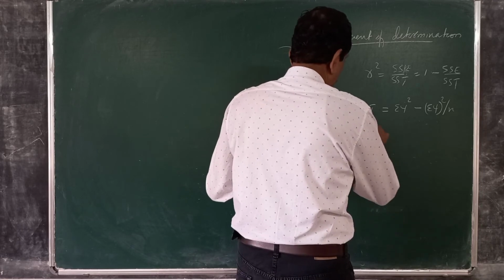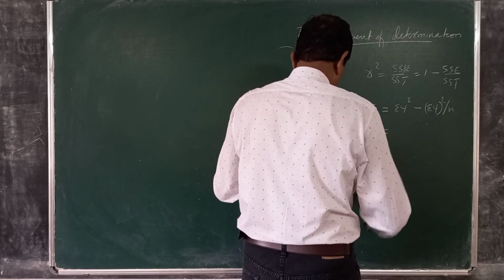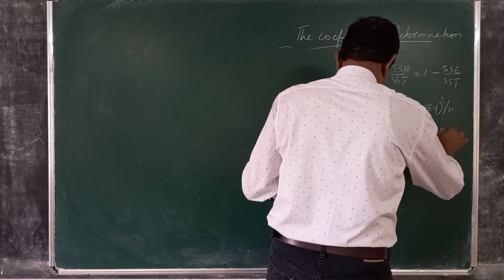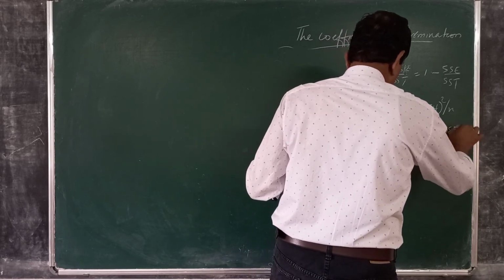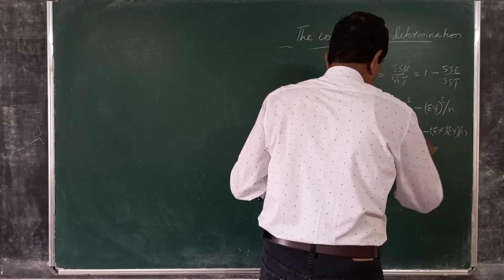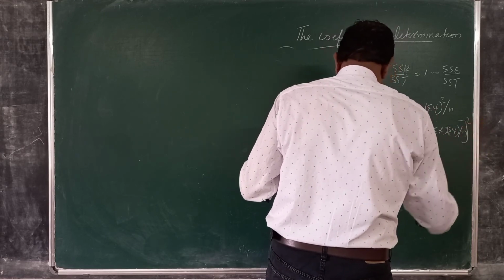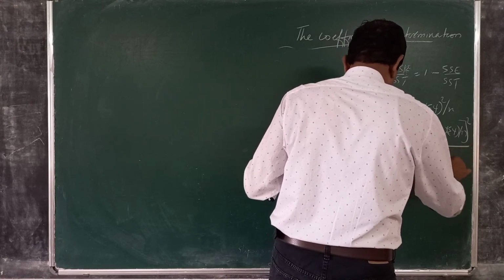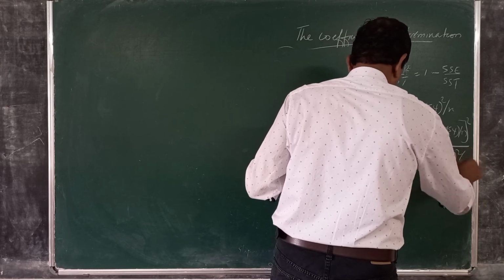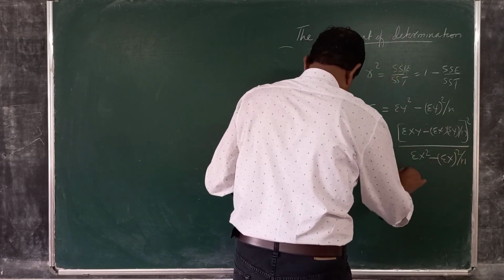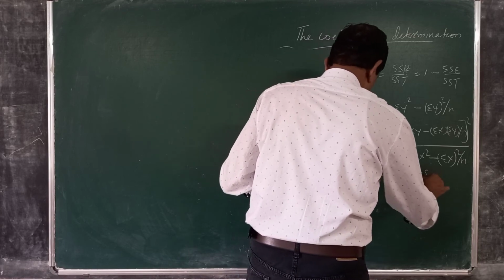SSR is equal to sigma xy minus sigma x into sigma y by n, the whole square, divided by sigma x square minus sigma x the whole square by n, and SSE is equal to SST minus SSR.